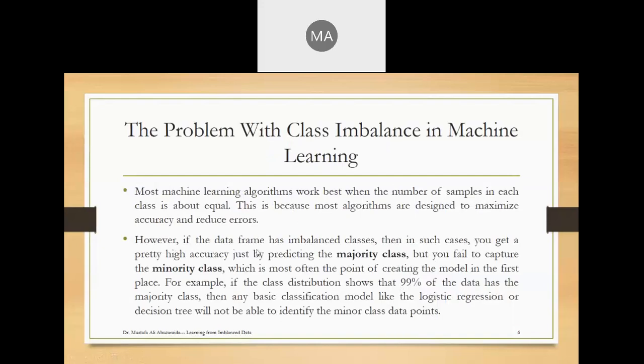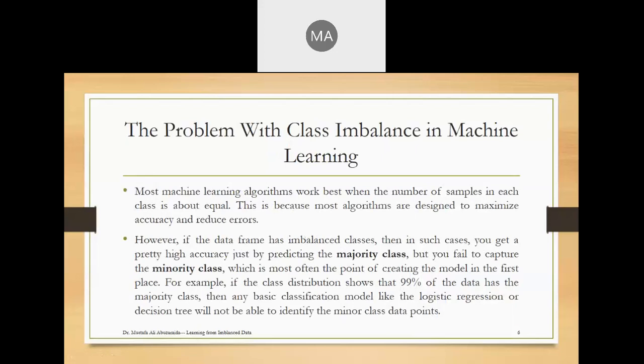Most machine learning algorithms work better when the number of samples in each class is about equal. This is the nature of them, of course. This is because most algorithms are designed to maximize the accuracy and minimize the errors.